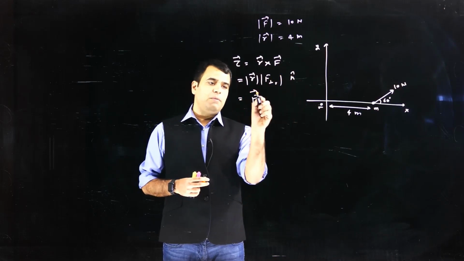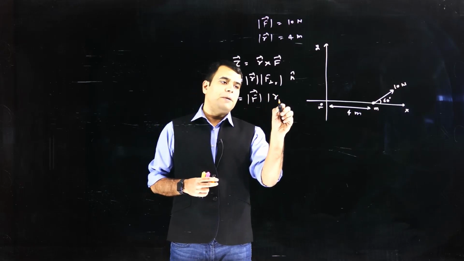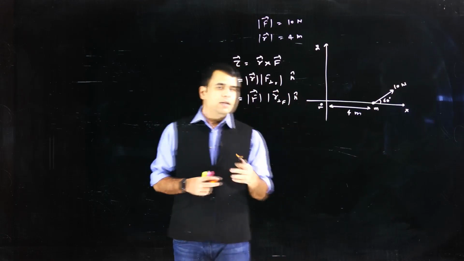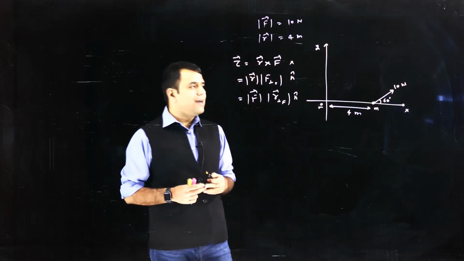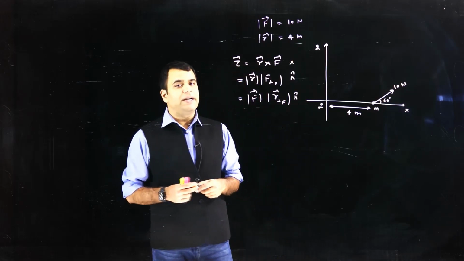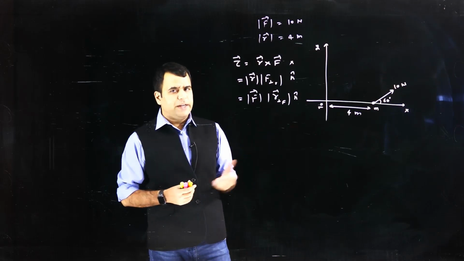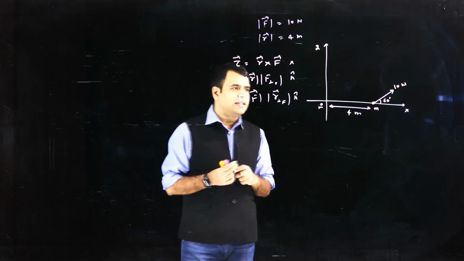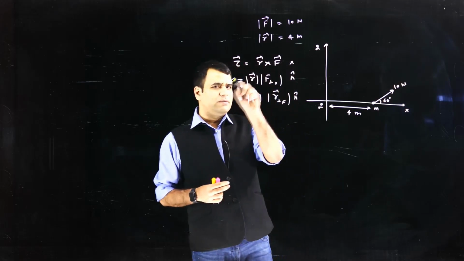Or we can take mod of F and the component of R perpendicular to F multiplied with n cap. Either one of the methods we can follow. Obviously this we will not follow because the R and F are not given in terms of i cap, j cap. Okay, we can calculate them in terms of i cap, j cap, but let's go by a different method in this case. So I'll go by this one.